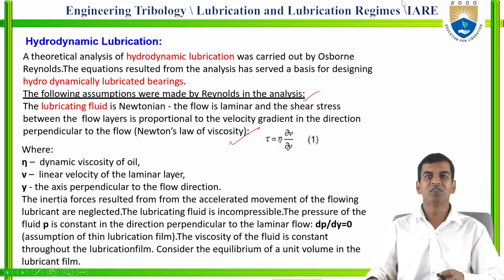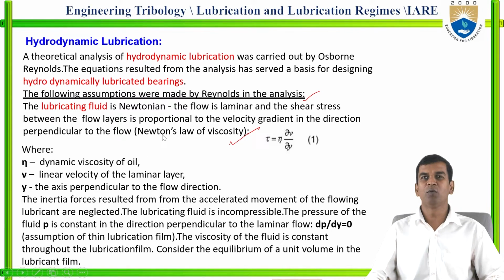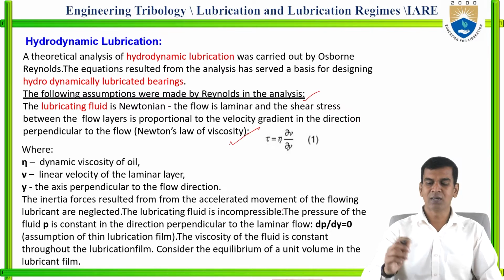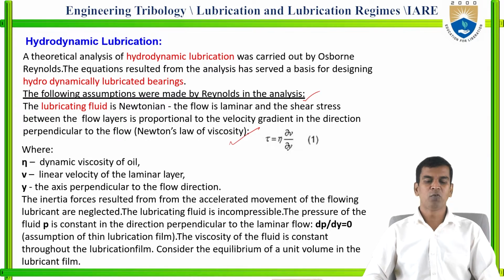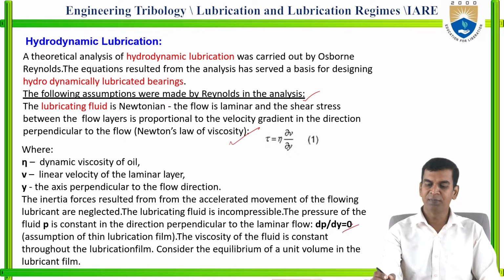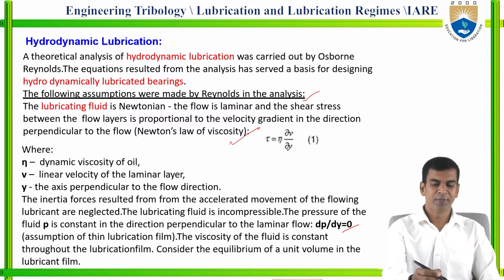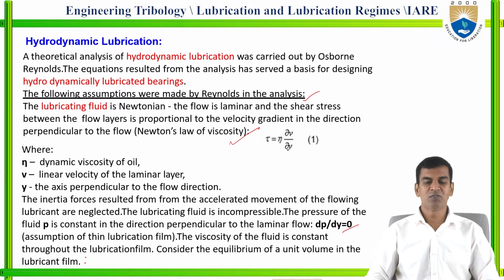The inertia forces resulting from the accelerated movement of the flow are neglected, and the lubricating fluid is assumed to be incompressible, and the pressure of the fluid P is constant in the direction perpendicular to the laminar flow, that is, dP by dy equals 0. The viscosity of the fluid is constant throughout the lubricating film, considering the equilibrium of a unit volume in the lubricating film. All these are the assumptions made in the Reynolds equation.